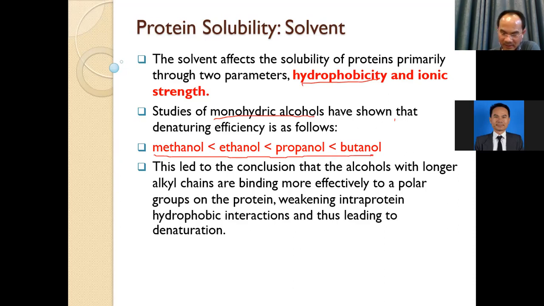That means alcohols with longer alkyl chains are more effective toward the polar groups on the protein. Butanol has a higher effect, and methanol has a lower effect.